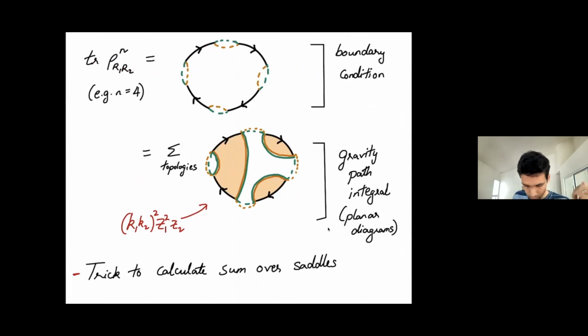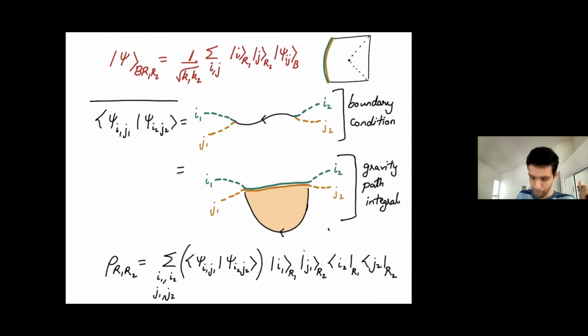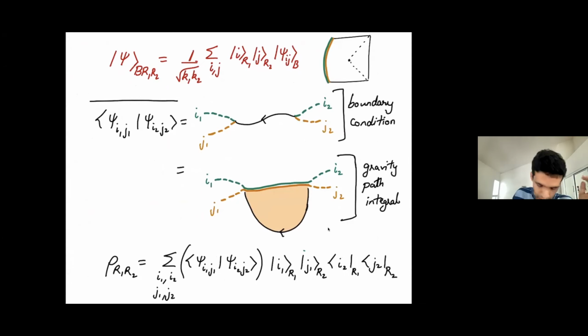Sorry, Pratik, can I ask you a quick question about the last slide? Yeah. If you don't have matter fields in the bulk, it's just a gravitational calculation, shouldn't this overlap of psi ij's be just proportional to delta? That's right. In this geometry, the end of the world brane links the two ends, so it's only non-zero if I1 is the same as I2 for this particular saddle. This thing is really proportional to delta I1 I2 delta J1 J2.